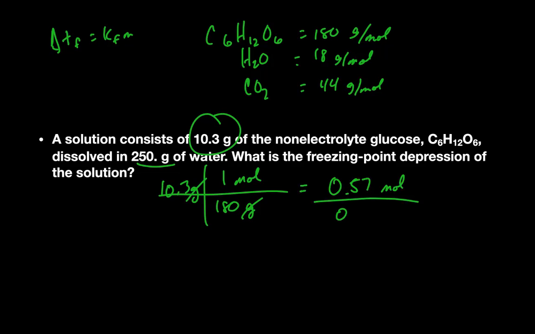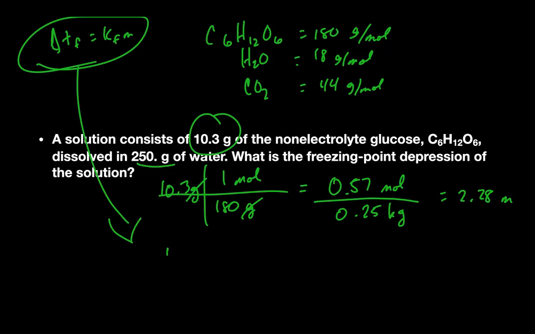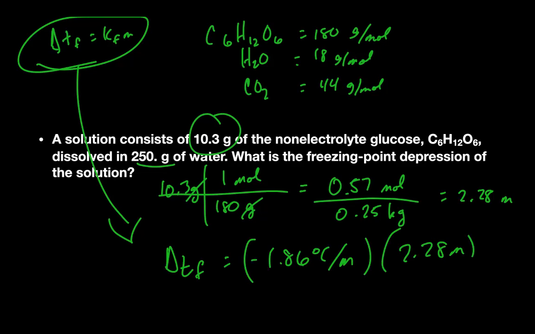I'm going to put that straight on 0.25 kilograms. 0.57 divided by 0.25, and I get 2.28 for my molality. Then I go up to my equation here. Bring that down here. So delta TF equals negative 1.86 degrees C per molal times 2.28 molal.